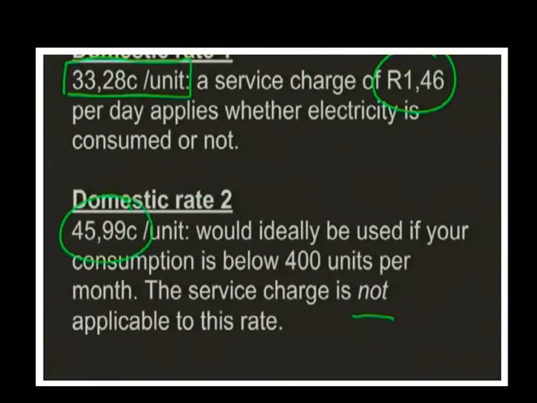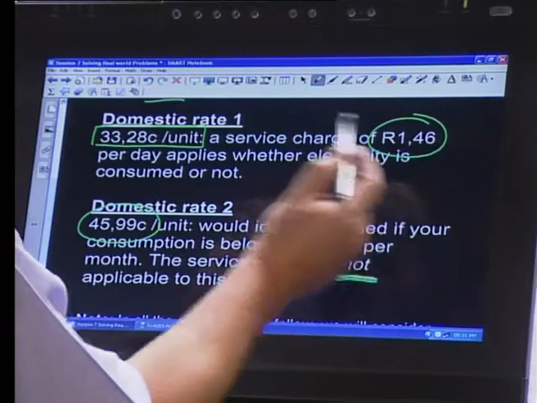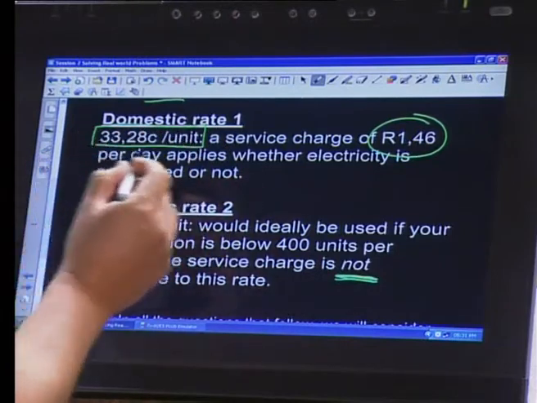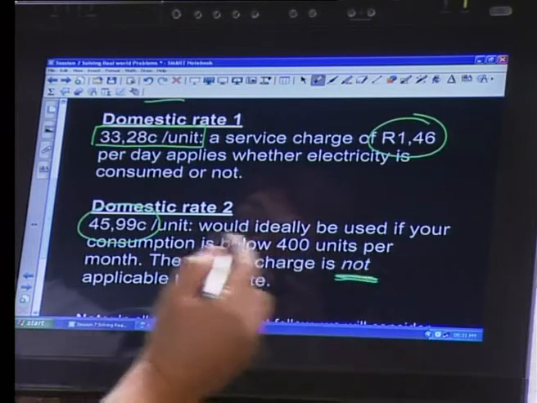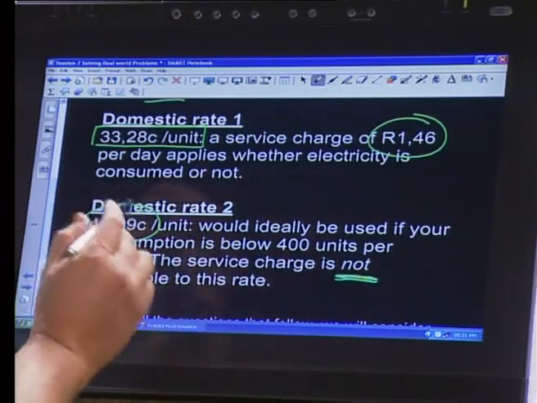Let's have a look at it here. So it's 45.99 cents per unit, but no daily charge. But let's have a look. Here we have a daily charge, but our cost per unit is a lot less. In rate 2, there's no charge, but our rate per unit is a lot higher.